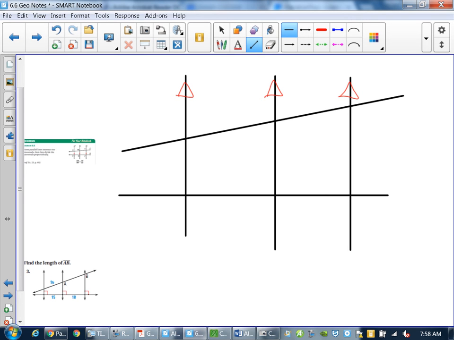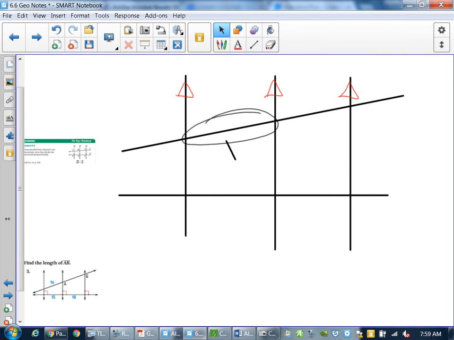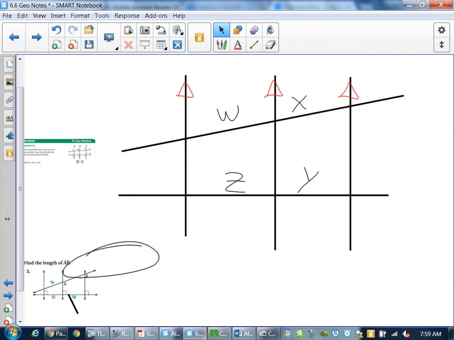Now, if you look at it, you have 4 segments that are on the inside. I'm gonna label this as W, X, Y, and Z. Be okay with those 4 segments that are created?